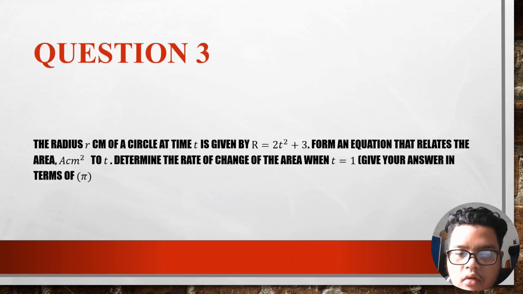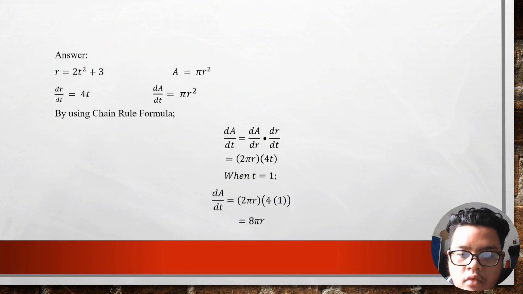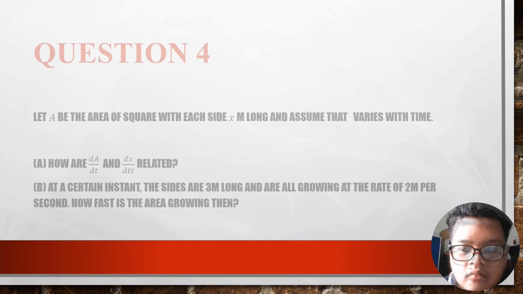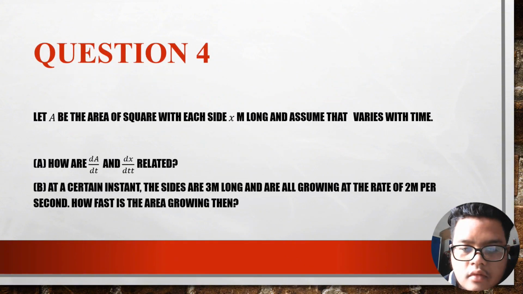Now I will explain the answer for question 3. By using the chain rule, we got 8 pi r. Now I will explain the answer for question 4.